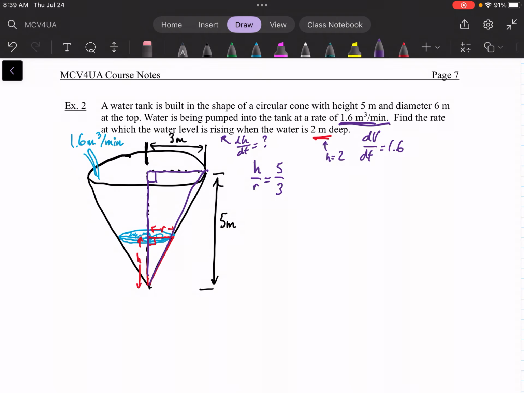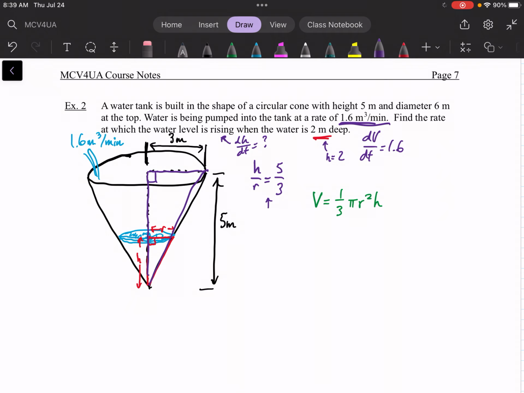So I have to have a way that volume is related to height, not volume and radius, but we do know something that can help us there. I know the volume of a cone is given by 1/3 pi r squared h. And it shows in here volume is related to radius and height. So we have to figure out how to change it so that it's just related to height only. So what we're going to do is take this value that we have over here, h over r equals 5/3.